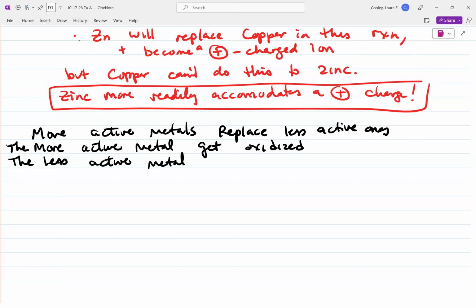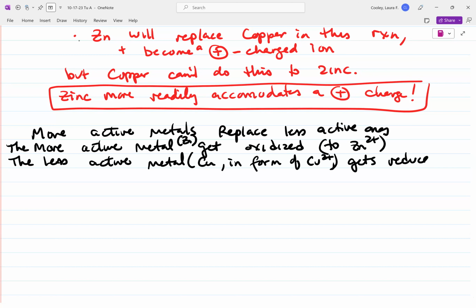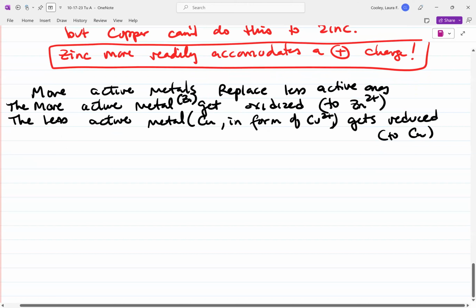So in this reaction, the more active metal, which is zinc, gets oxidized to zinc ion. The less active metal, copper, in the form of copper ion, gets reduced to copper. Okay, so how do you know if something is a more active metal or not? That I can help you with.